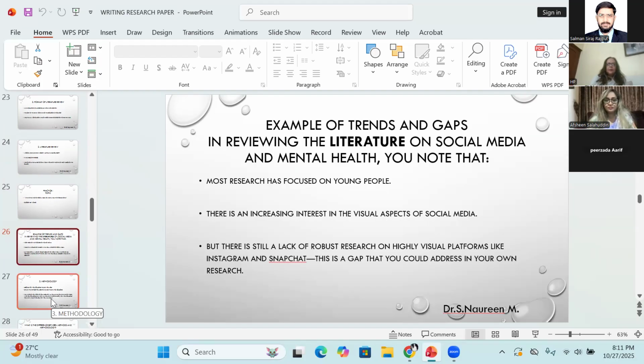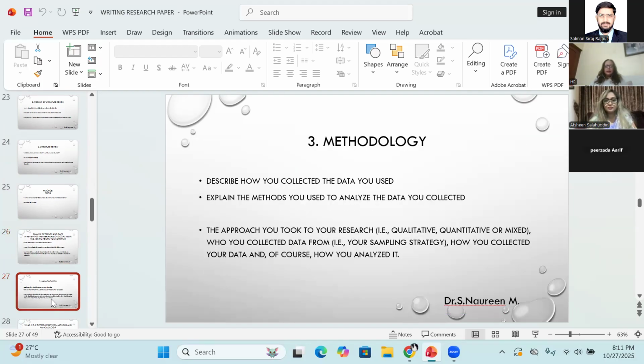Now, again, here, like the proposal, you have to talk about your methodology. You have to describe how you collected your data. You will also explain the methods you use to analyze the data, any treatments, any inferential statistics, or any tests you used. So the approach you took to your research, either quantitative or qualitative, and it can also be mixed method.